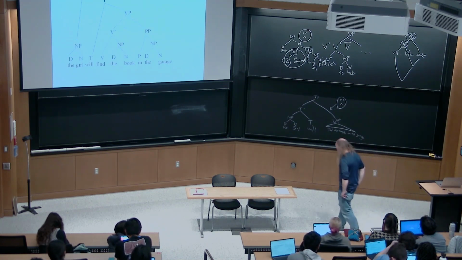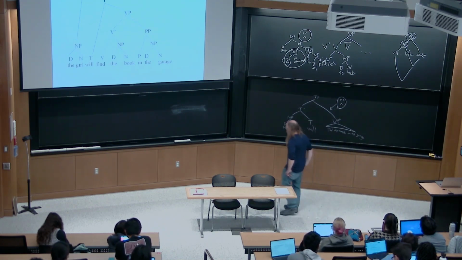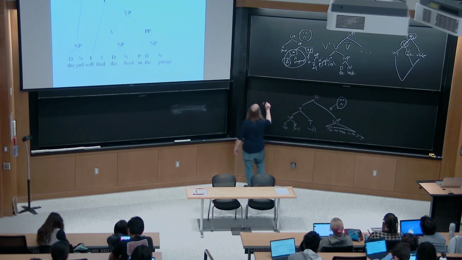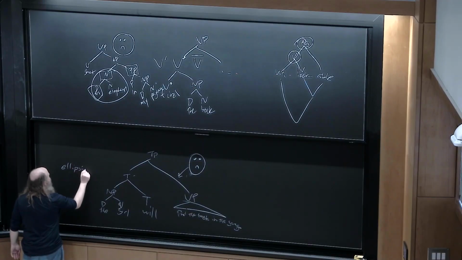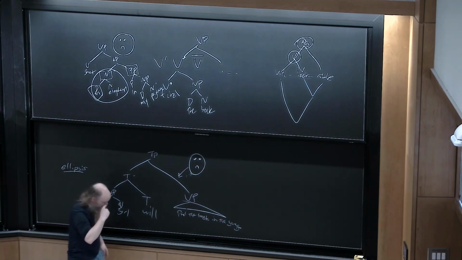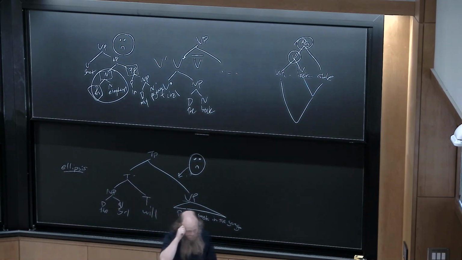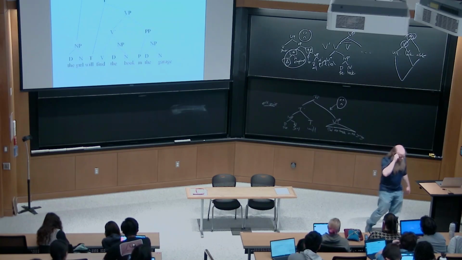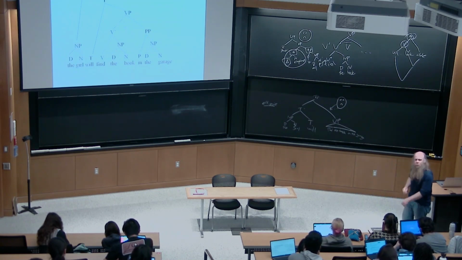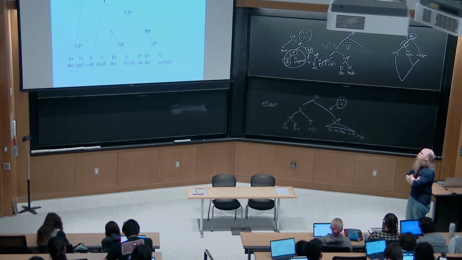You guys are discovering a phenomenon called ellipsis. Ellipsis is a phenomenon whereby you can take chunks of the sentence and fail to pronounce them. So if I ask you a question like, who will find the book in the garage? You can say, the girl will.